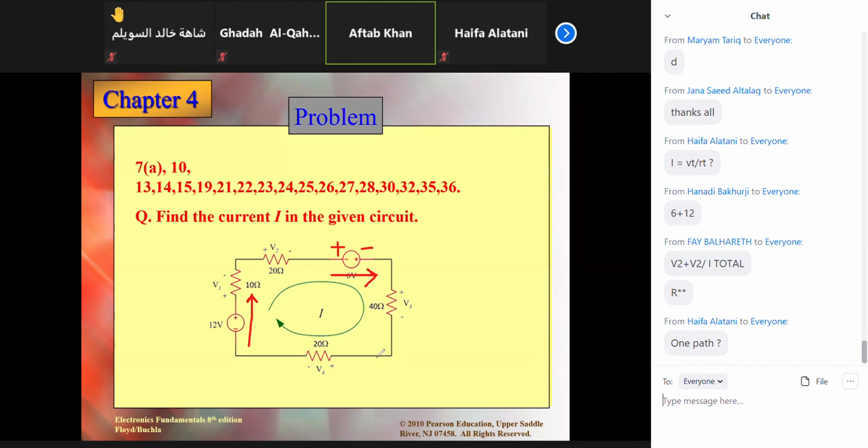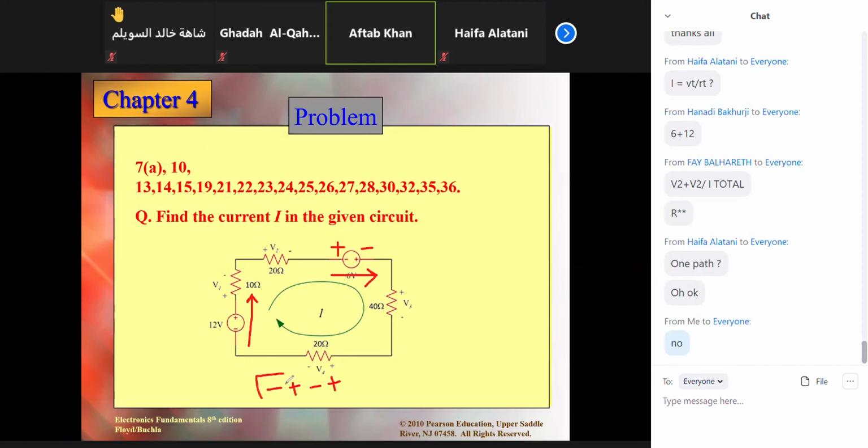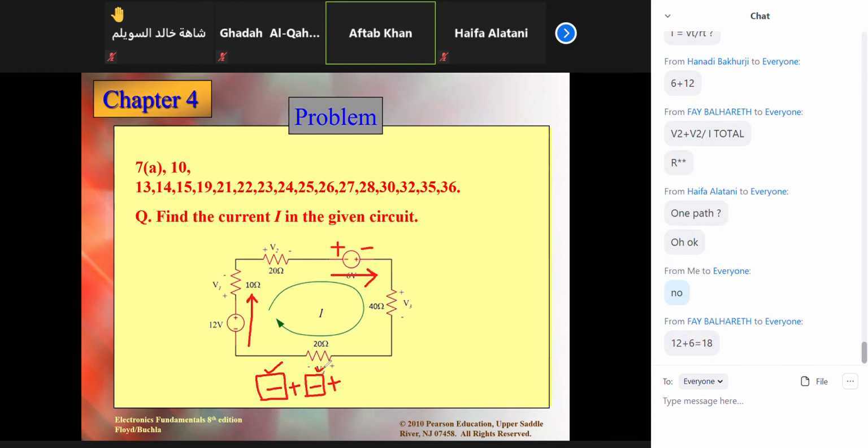So it means the voltages add this time. Getting the point? If you remember, I told you to consider the first sign always. When the signs are similar, it is going to be add. So this is the way.